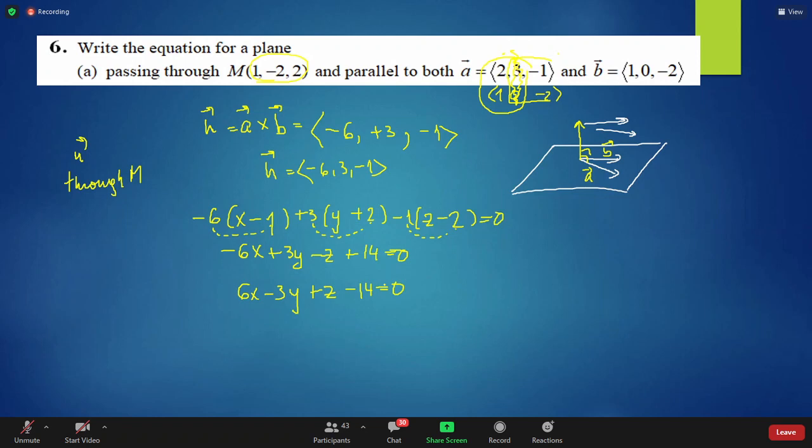If we have the normal vector coordinates all divisible by 5, why not? We can divide all coordinates by 5. That's not a problem. So if possible, it is quite okay to simplify the equation, to multiply or divide by a number that makes everything simpler.